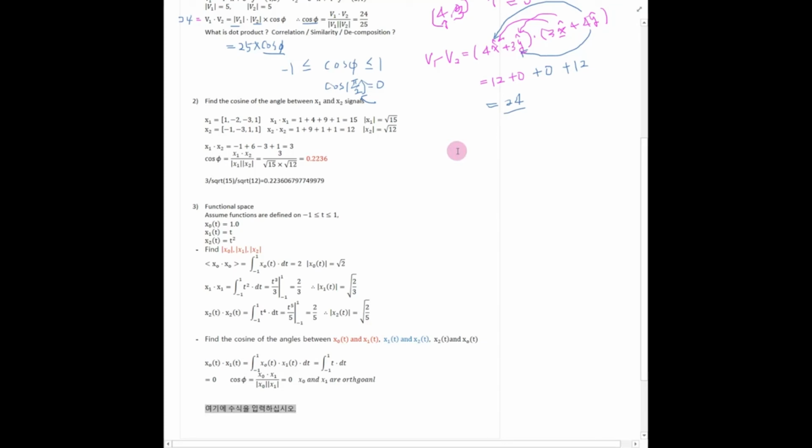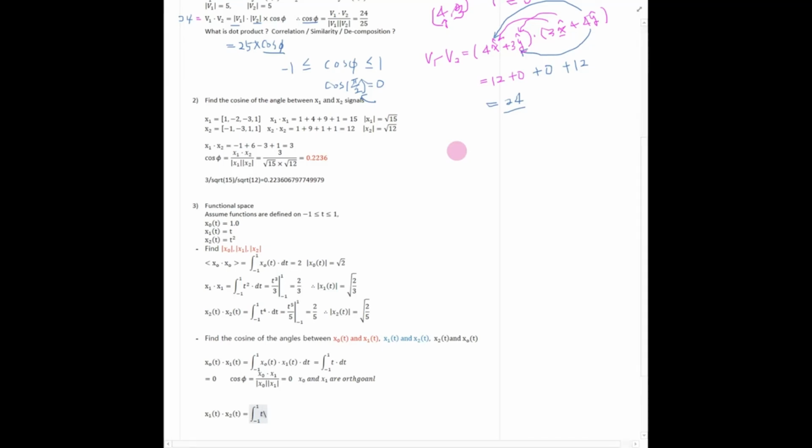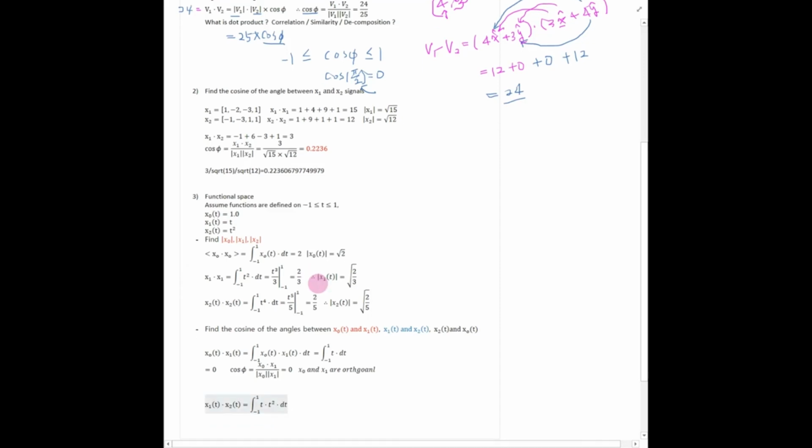To find that, I can take the dot product between the two functions, integrating over the whole range. x1(t) is t, and x2(t) is t squared. So we integrate t times t squared dt.